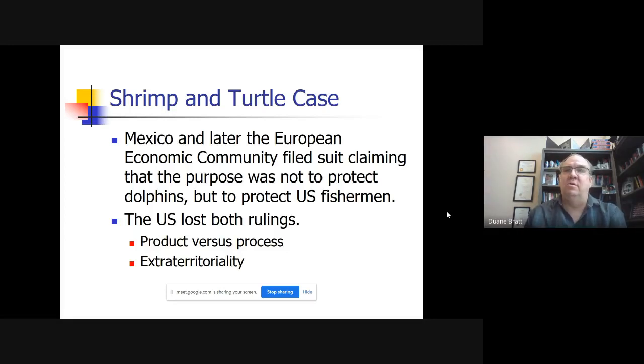Is it hand-picked? Do they use special technology? What sort of netting is used? Are chairs done by a craftsman or through robotics? You can't discriminate based on process, and the U.S. lost both rulings.